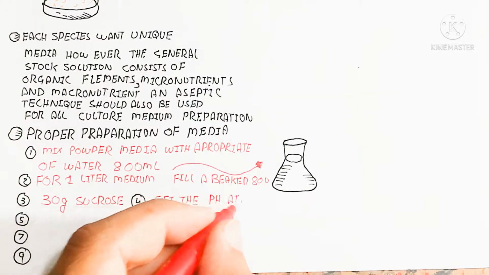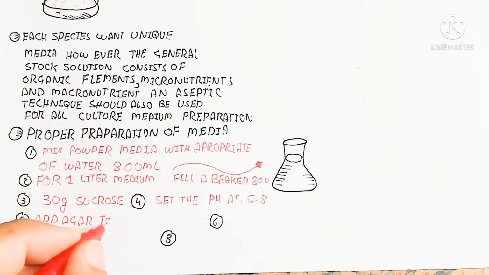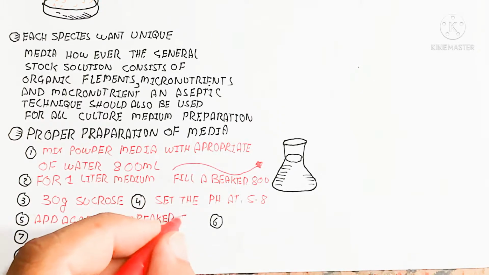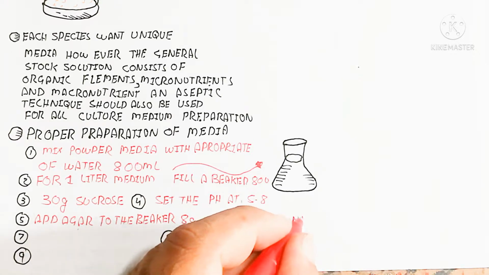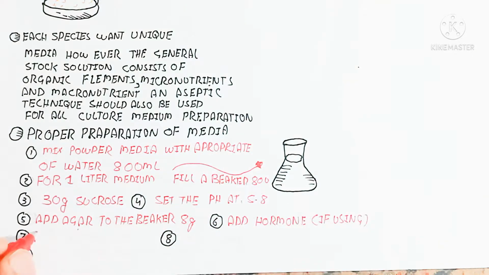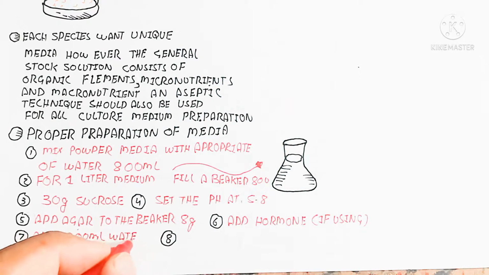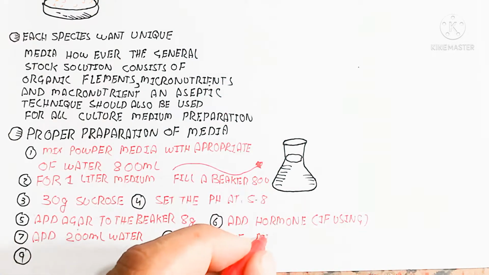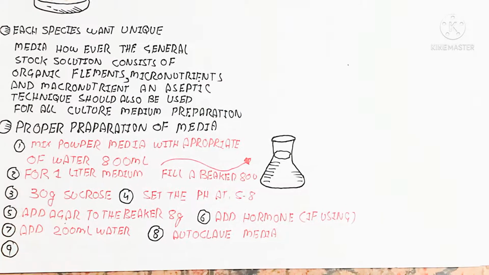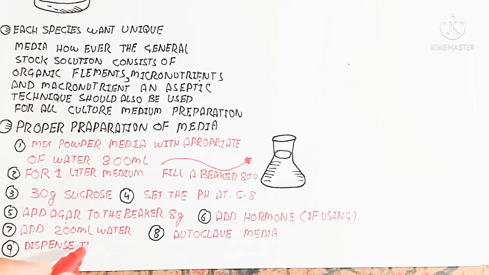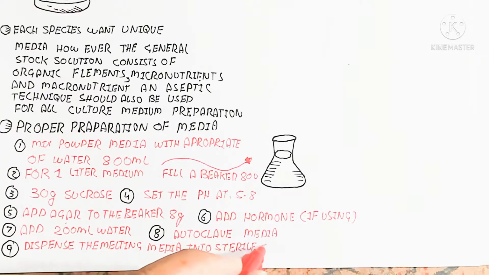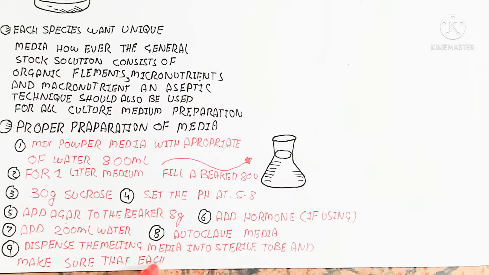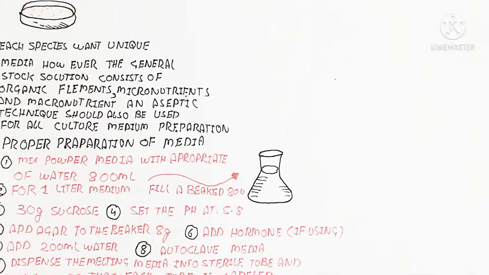Add hormone if required, for example auxin for rapid growth. Add 200 ml of water also, and autoclave this media. Dispense the melted media into sterile tubes, and make sure each tube is labeled so we can identify each tube containing a medium.